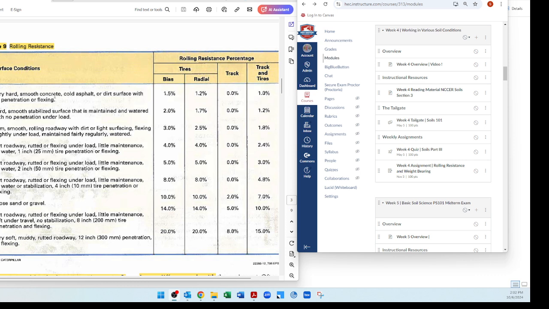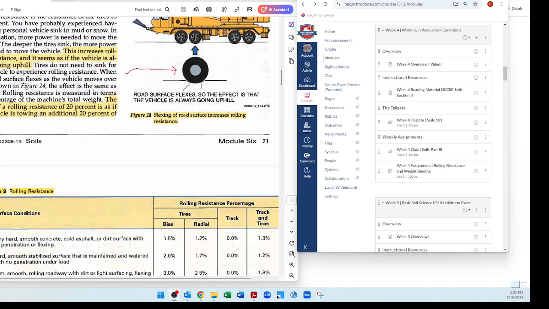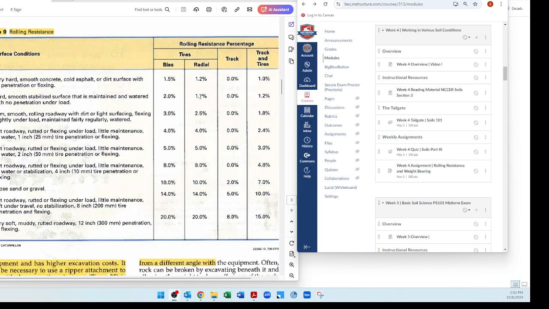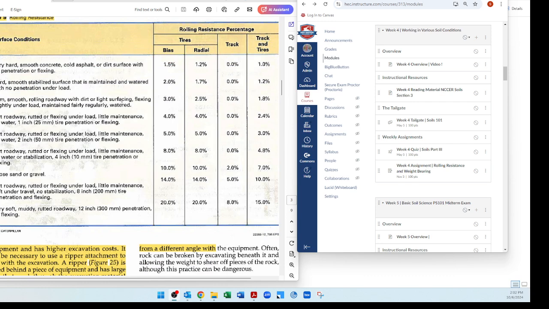Very hard, smooth concrete, cold asphalt or dirt surface with no penetration or flexing. In other words, it's not doing any of this. It's sitting on top of the pavement. No resistance, really. So on a hard surface, cold asphalt or dirt with no penetration or flexion, you only get a 1.5% resistance.